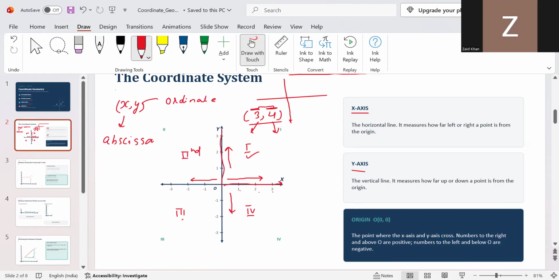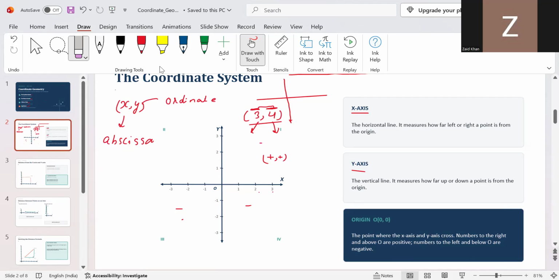So we can say this is the house of the first quadrant. In the first quadrant, the signs are positive, positive. Any coordinate which has positive signs for both x and y always lies in the first quadrant.